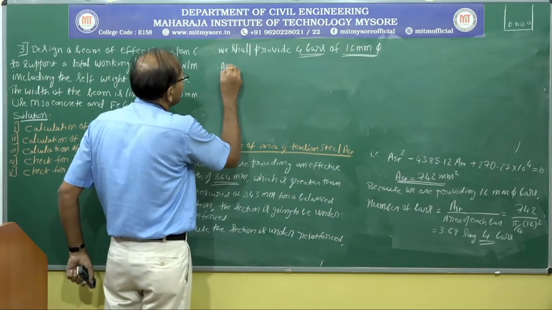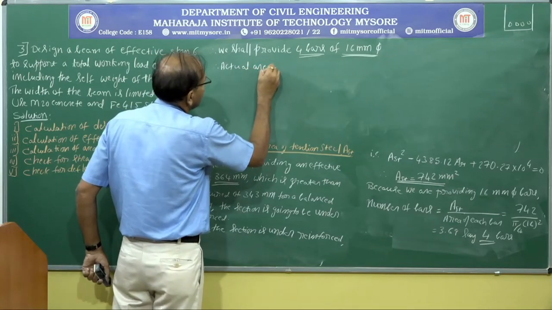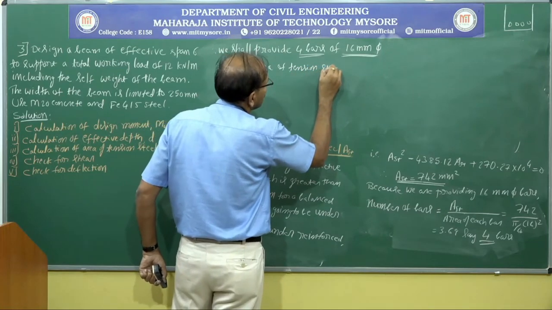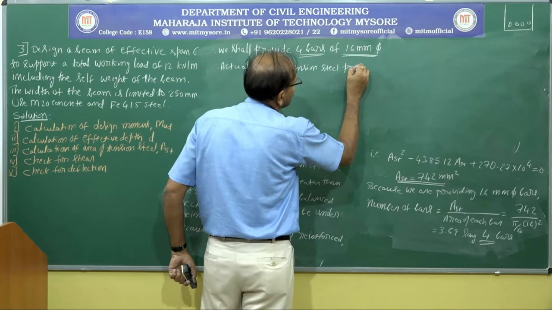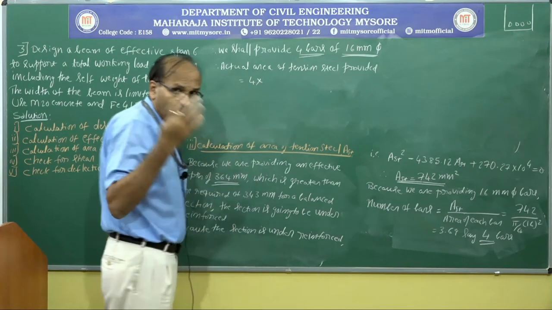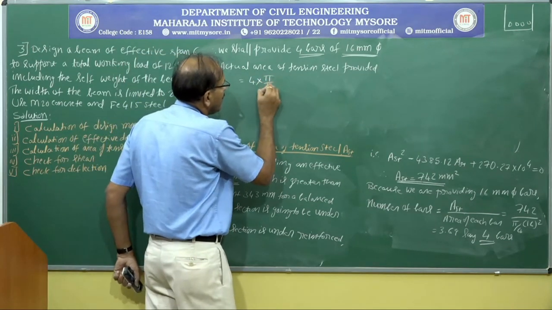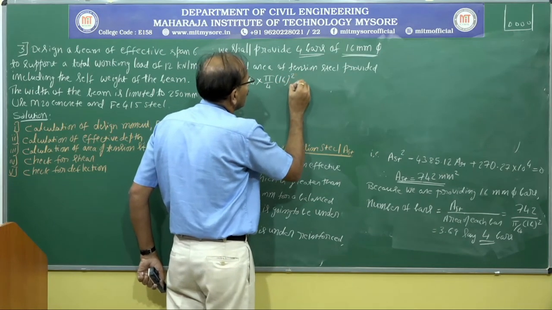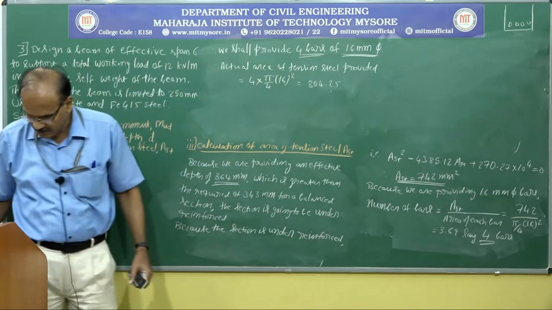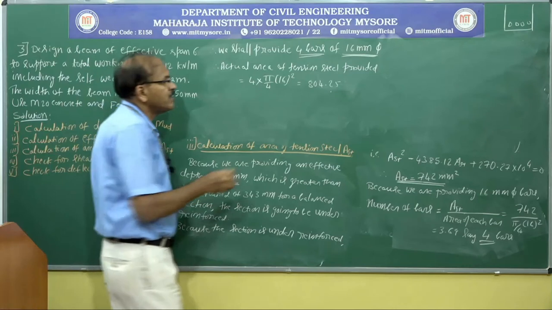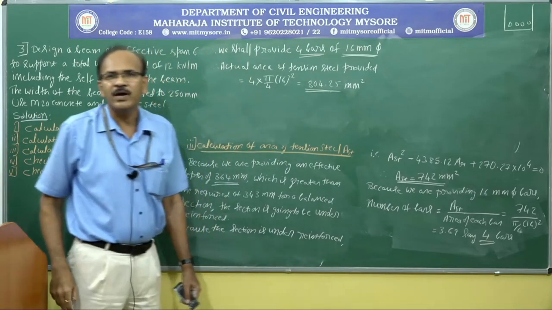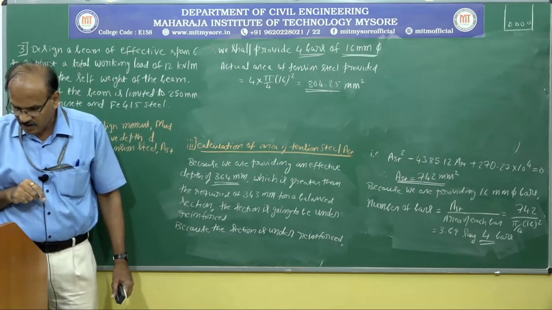Therefore, actual area of tension steel provided is equal to 4, because we are providing 4 bars, multiplied by the area of each bar. That is equal to 804.25 millimeter square. Okay. That is the area of steel provided.